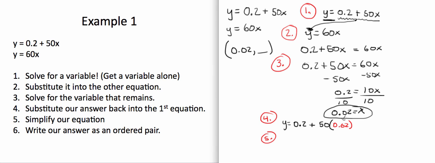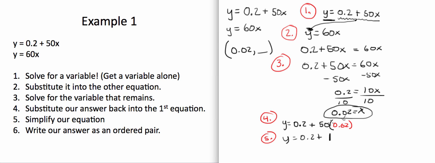We simplify this. We have y is equal to 0.2 plus, when we take 50 times 0.02, we get 1.